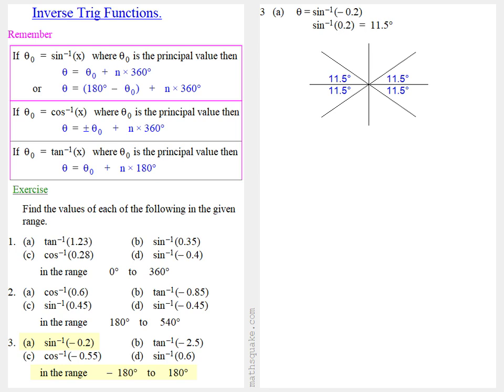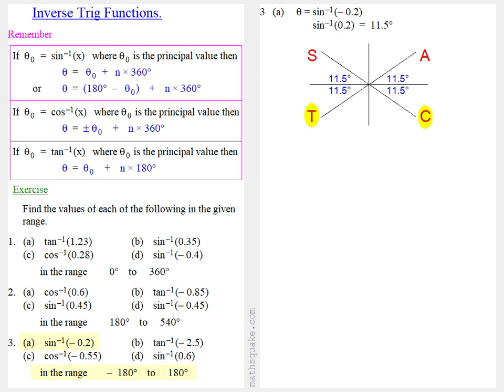And then, going clockwise around, we label each quadrant A, C, T, S, ACTS. Now the original equation was the inverse sine of minus 0.2, so we want the quadrants where sine is negative. Now sine is positive in A because all are positive, and in S because sine is positive. So we want the quadrants labelled C and T.